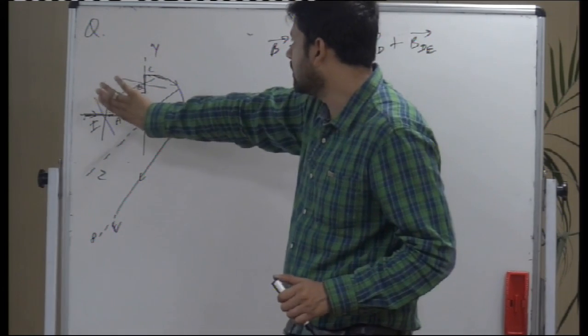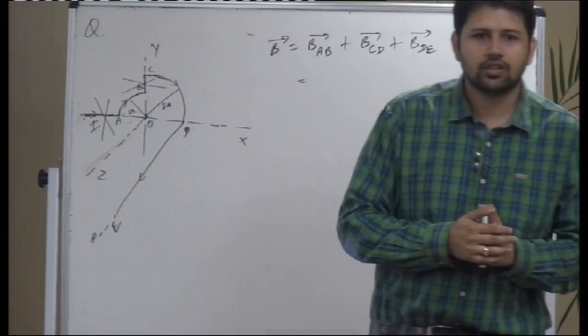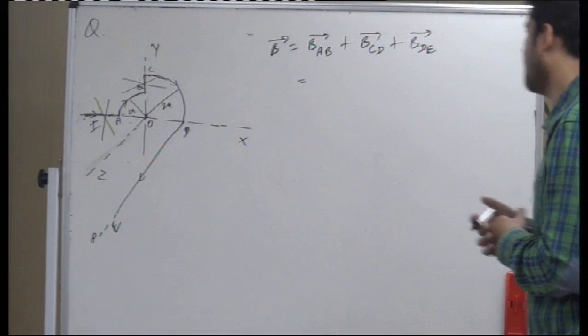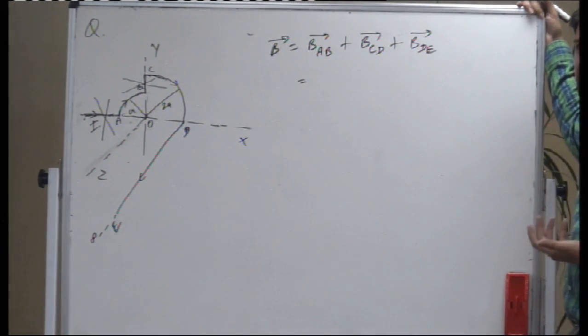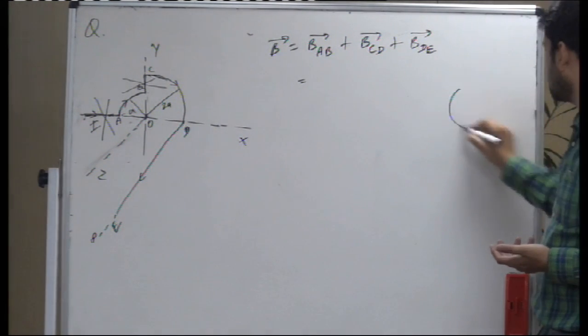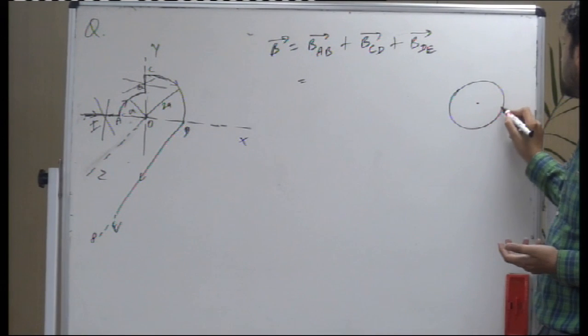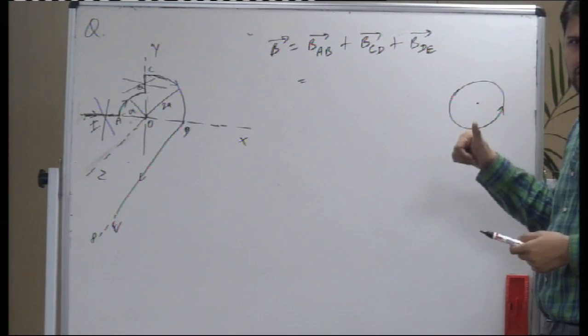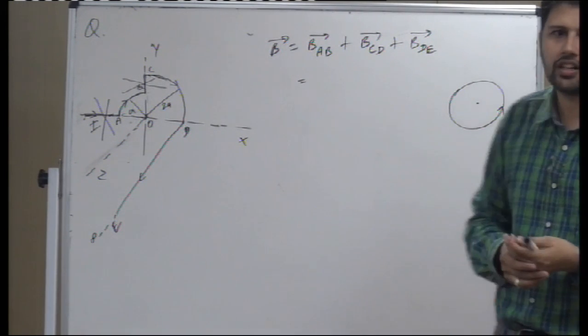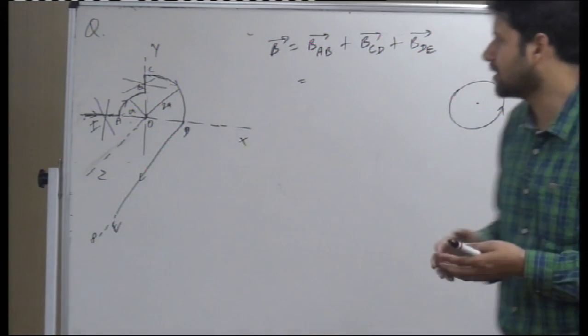If you curl it along the fingers, you know already that the magnetic field due to a ring, the direction at the center can be found using the right hand thumb rule. Take the current along your fingers. The right hand thumb rule is modified slightly in this scenario.